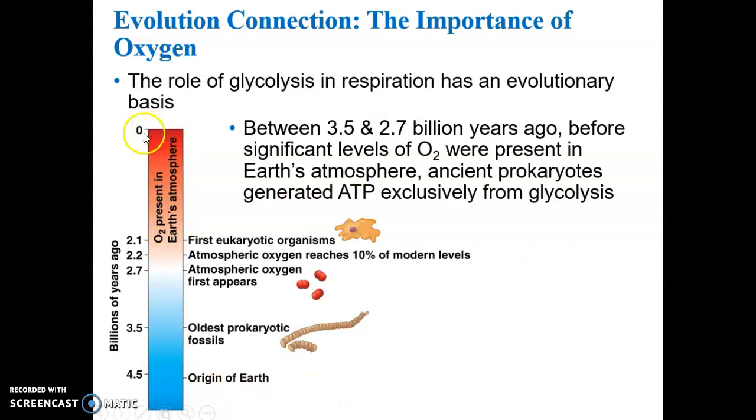So if we go back in Earth's history, from 0 years ago, or billions of years ago, this is like now, go back to 2.1 billion years ago, 3.5, 4.5 billion years ago, origin of Earth, oldest prokaryotic fossils, direct evidence of prokaryotic organisms, about 3 billion years ago, when they were harvesting energy from simple sugars, there was very little oxygen in the atmosphere.